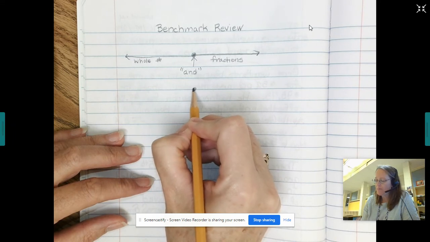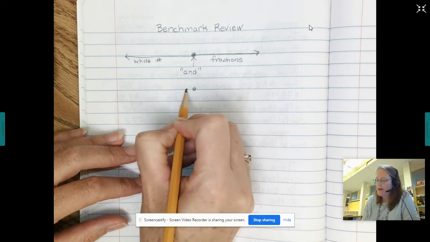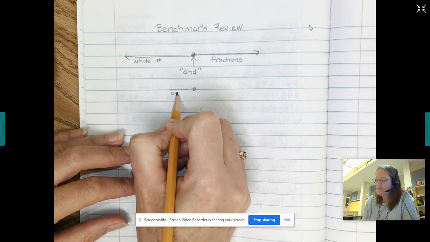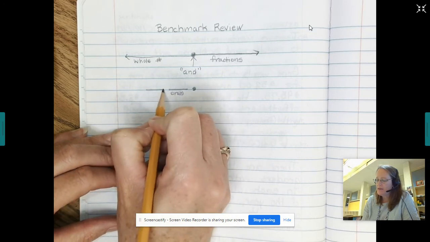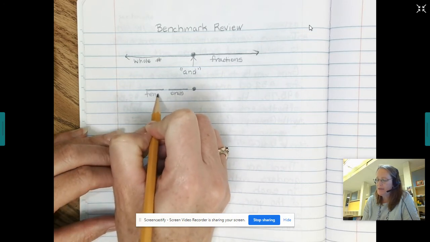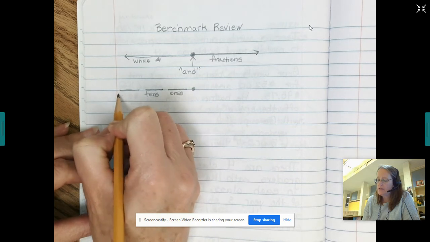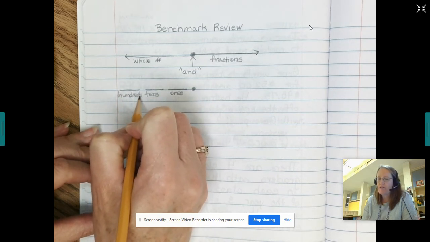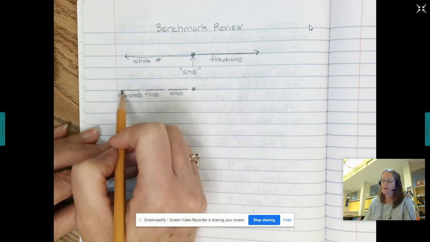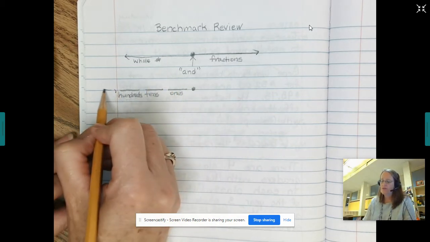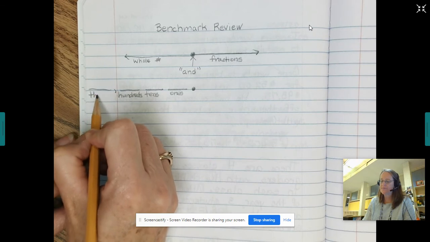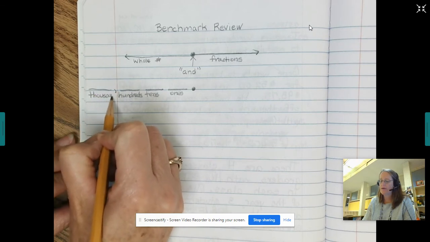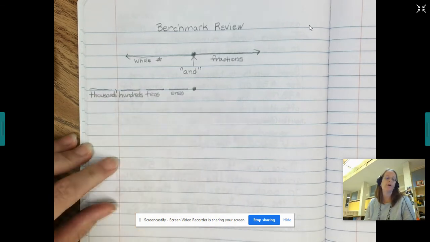For example, here is my decimal. I know that this is the ones place, and here is the tens place, and here is the hundreds place. We already know those places. We're very familiar with those. And it goes on to the thousands place, way out here. These are all whole numbers.